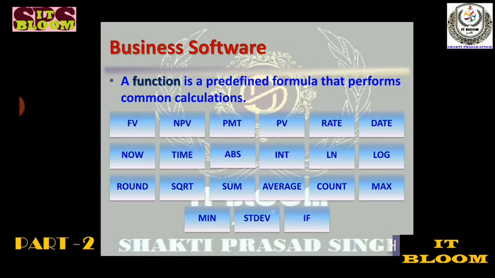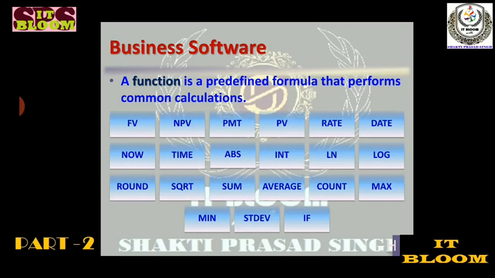Next one is the sum. This function is simple, which gives you the sum, meaning the added numbers. Average will give the average of the given numbers. Count will count the number of cells you have used as per the selection.